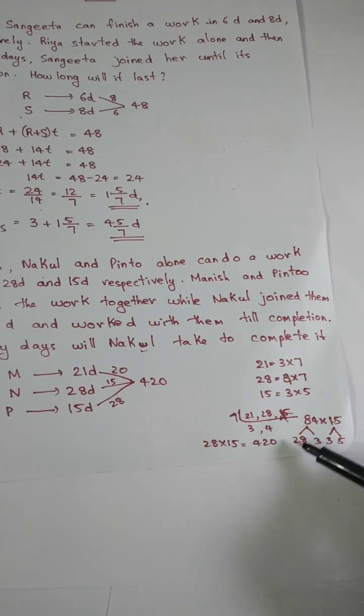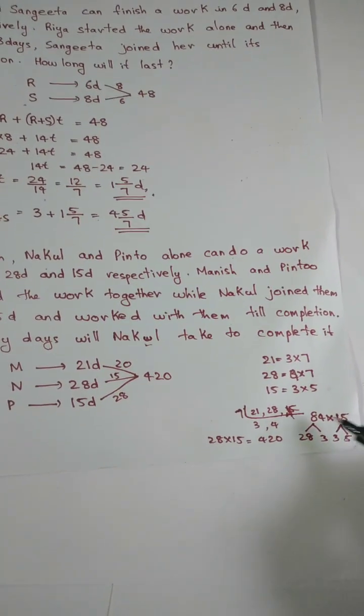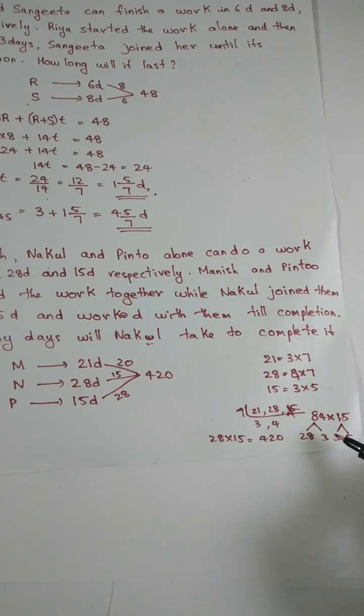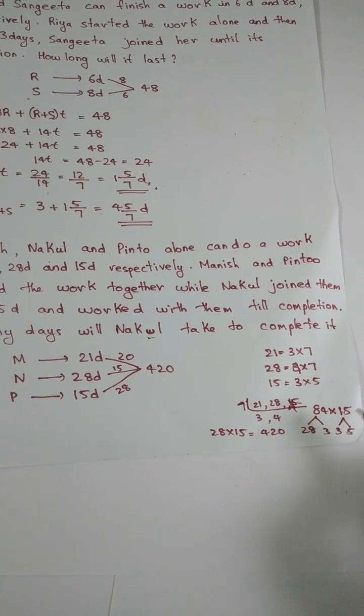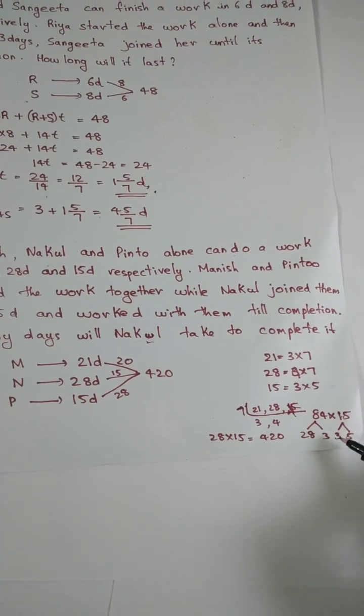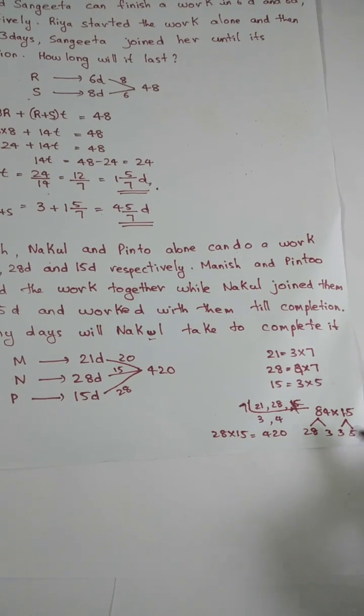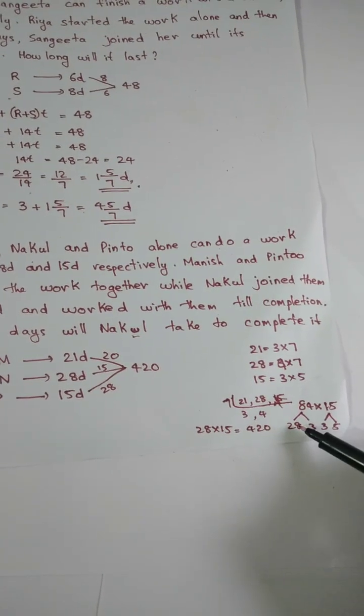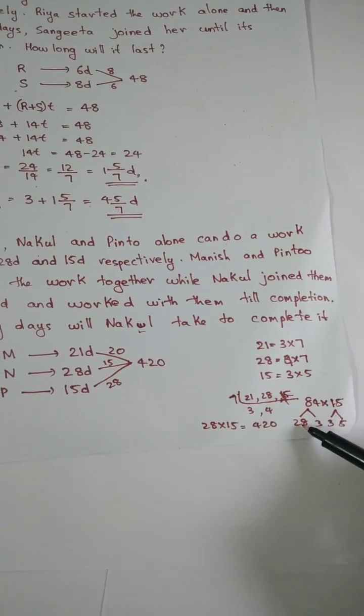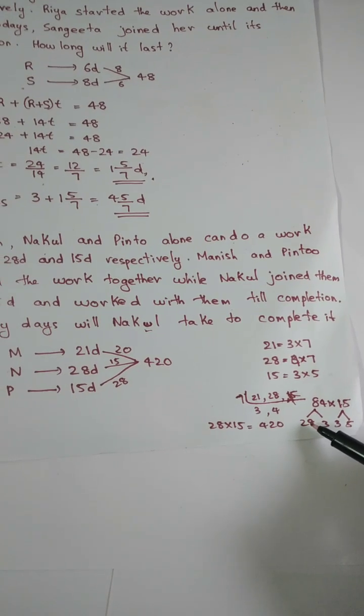84 can be further split into 28 and 3, and 15 can be further split into 3 and 5. So 3 is common in both numbers. Keeping 3 aside, we take the uncommon number, which is 28.